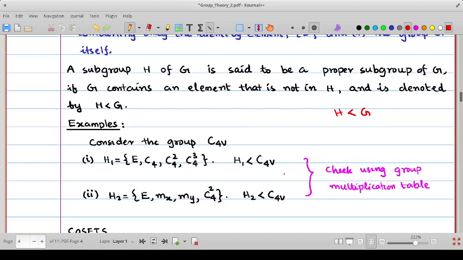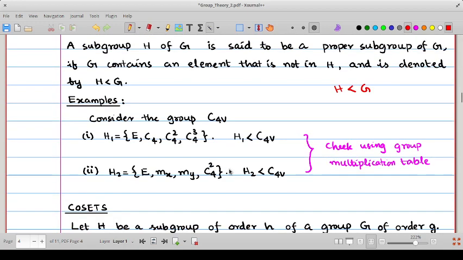Now we consider some examples. Consider the symmetry group C4V of the square we discussed earlier. And while doing this, we can also check the multiplication table for C4V.